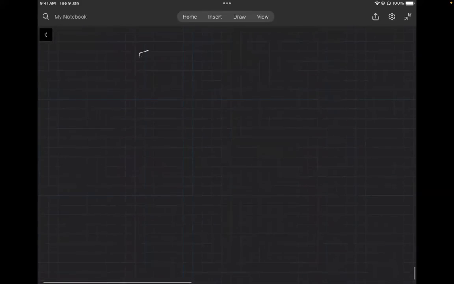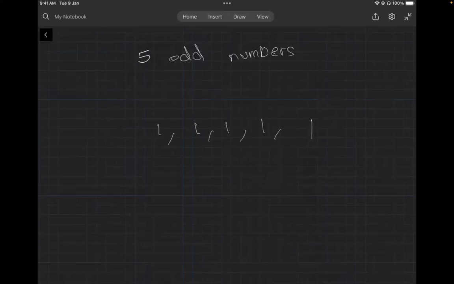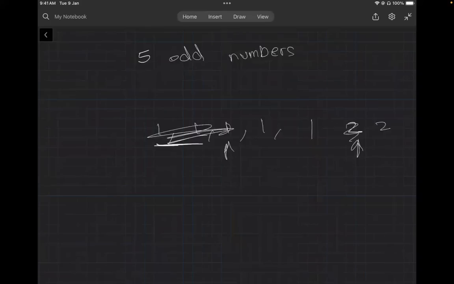Let's say there were 5 odd numbers. Okay, 1, 1, 1, 1, 1. So we initially take these two numbers, form an even number. Then Olia will take this, and then make the even number, which is 2 again. So these get erased. And in the end, we take these two numbers and we make it into a 2.